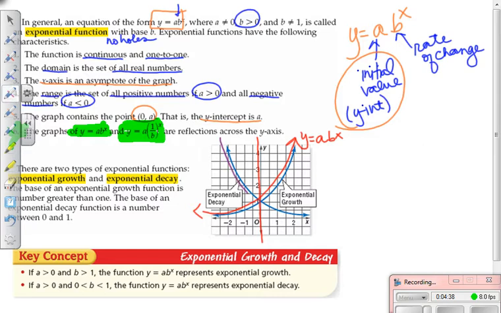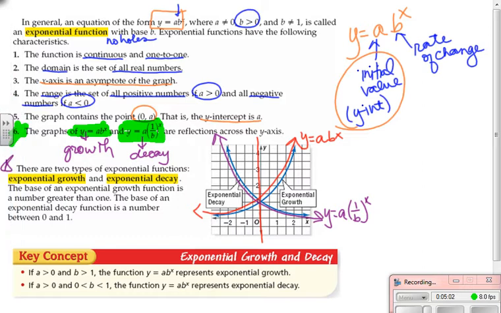This one is y equals a times (1/b)^x. And really what we have going on here is what's called a growth graph if b is greater than 1, and a decay graph if b is between 0 and 1. Two types of graph, growth and decay.